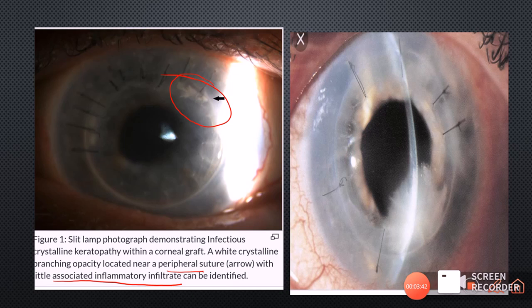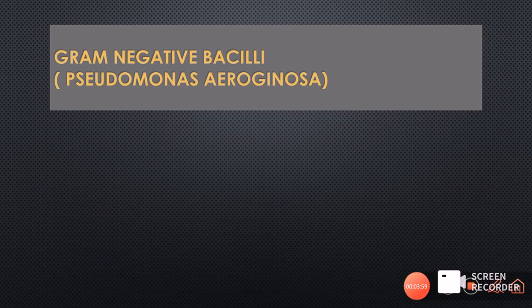You can compare it to that of the streptococcus pneumoniae, where so much infiltrate was present, so much hypopyon was present. Over here we do not have any hypopyon, we do not have surrounding inflammation. Similarly, have a look over here. This is crystalline keratopathy.